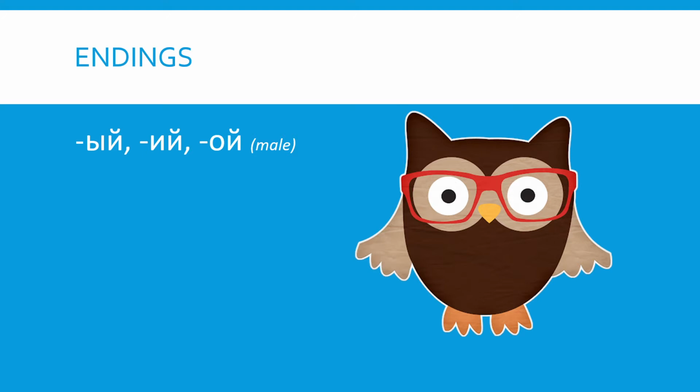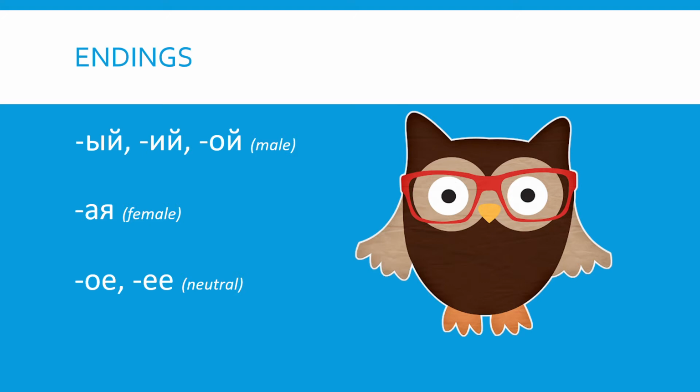For female, it's a lot easier. If the adjective describes a female noun, the ending is almost always going to be aya. Aya. Very easy to remember. For neutral, it's going to be oye or eye.